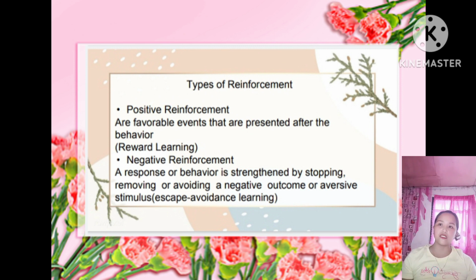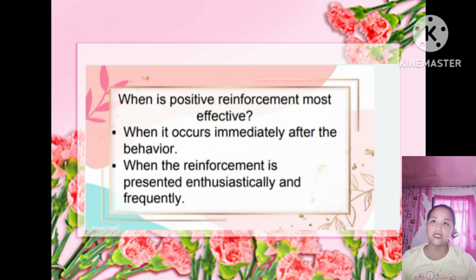The second is negative reinforcement. It is a response or behavior strengthened by stopping, removing, or avoiding a negative outcome or aversive stimulus. Next, when is positive reinforcement most effective?